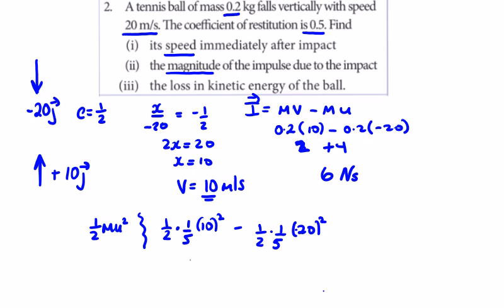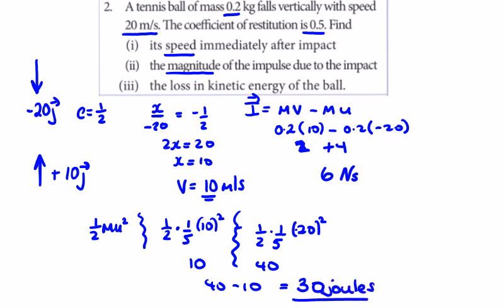So we're going to get 100 divided by 10, which is 10, and 400 divided by 10, which is 40. Draw the line after minus before, which is 30 for the loss in kinetic energy of the ball, measured in joules.